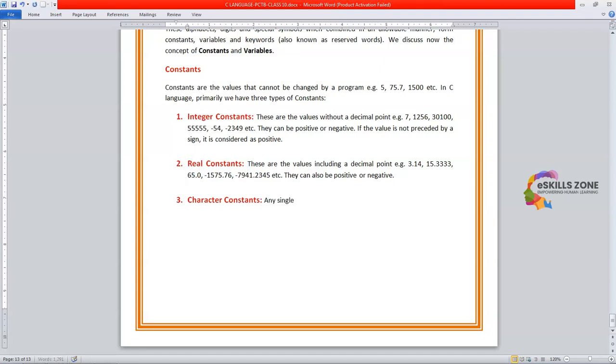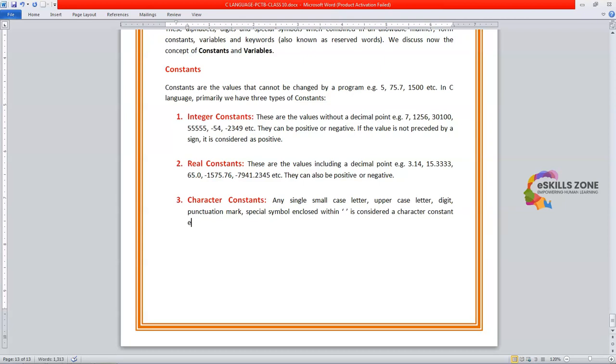Any single lowercase letter, uppercase letter, digit, punctuation mark, or special symbol enclosed within apostrophe single quotes is considered a character constant.